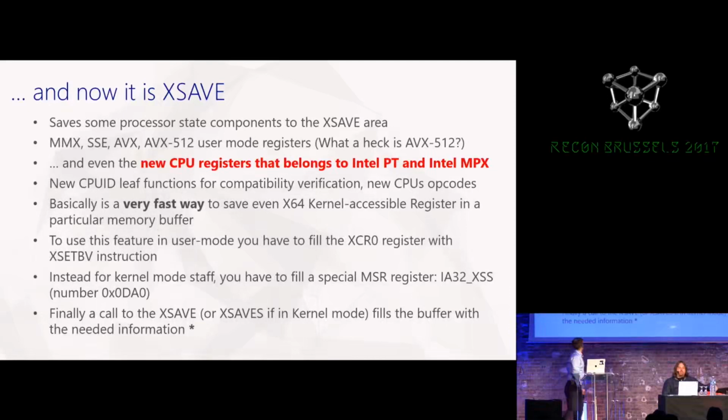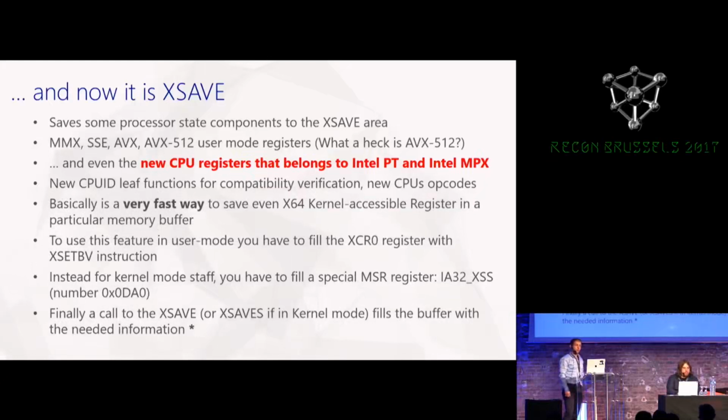I mean, I have found that the xsave instruction can save MMX, SSE, AVX registers. And I have written here what AVX-512 is, because I didn't know of its existence.